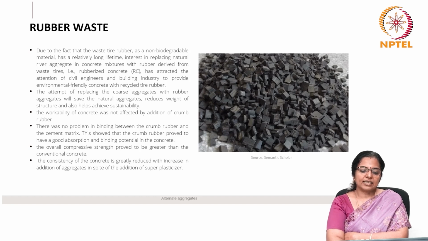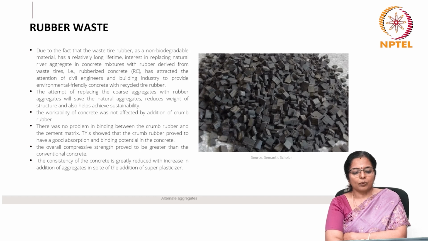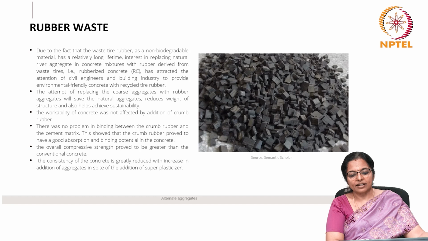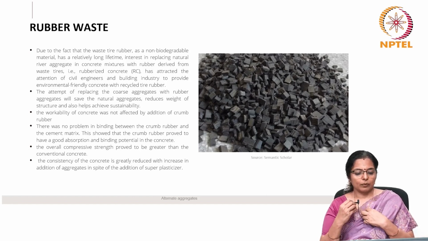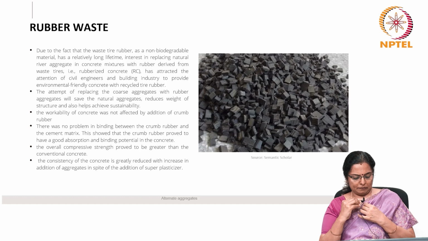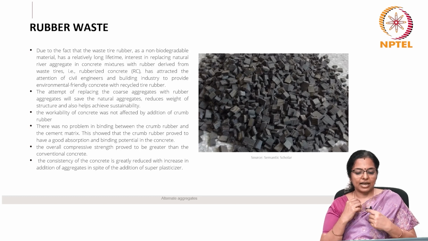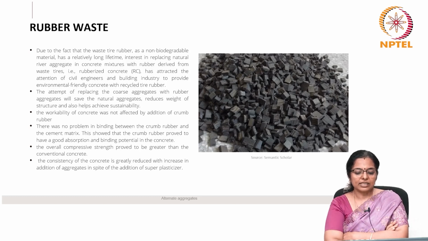This has attracted the attention of civil engineers and the building industry to provide an environmentally friendly concrete with recycled tire rubber. An attempt at replacing the coarse aggregates with rubber aggregates will save the natural aggregates as it reduces weight of structure and also helps achieve sustainability.